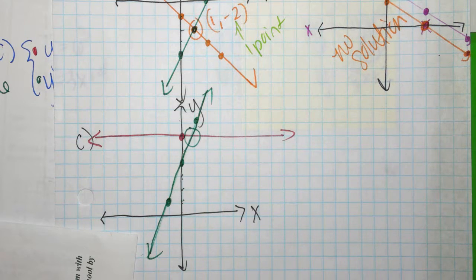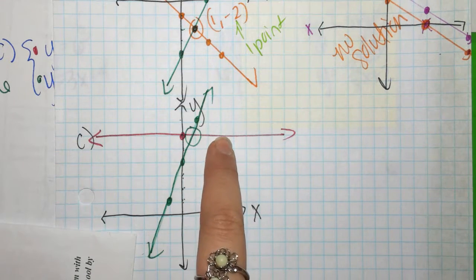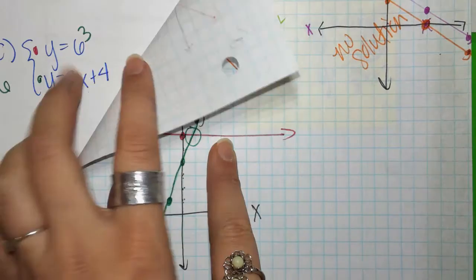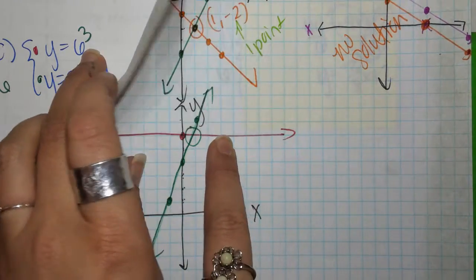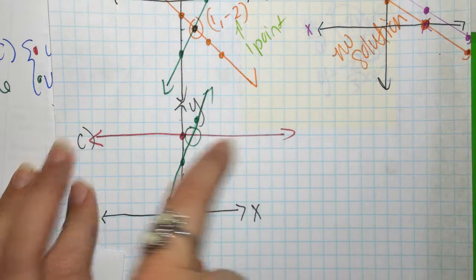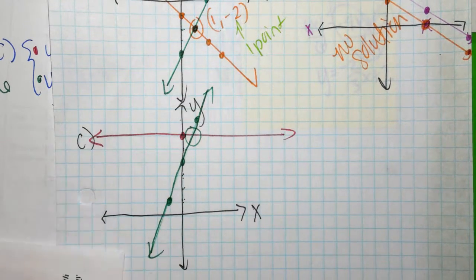Would that be wrong? On this one, for y equals 6? Because we don't have a slope. We don't have an x. So it just says y equals 6. That means that at every single y value of 6, that's where it's going to cross, so it makes a horizontal line. That's a great question.